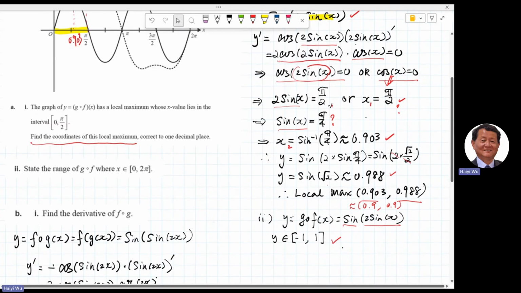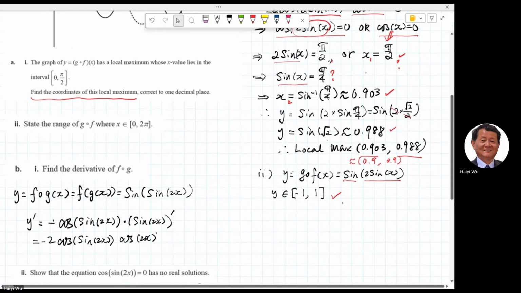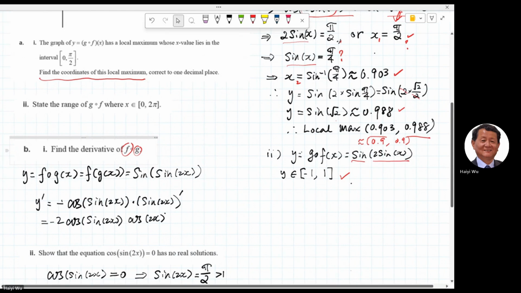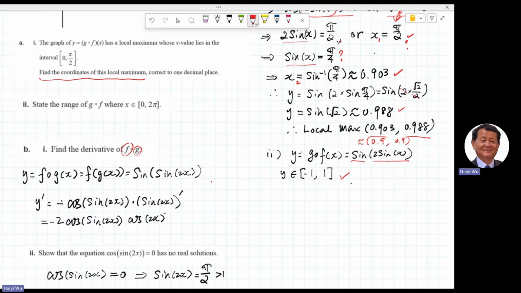All right, let's do question B. Question B is the other way. We put f in the front, g after. We still do a composite function, but with f in the front, so g is built into f. f is sine x, and g(x) is sine 2x.